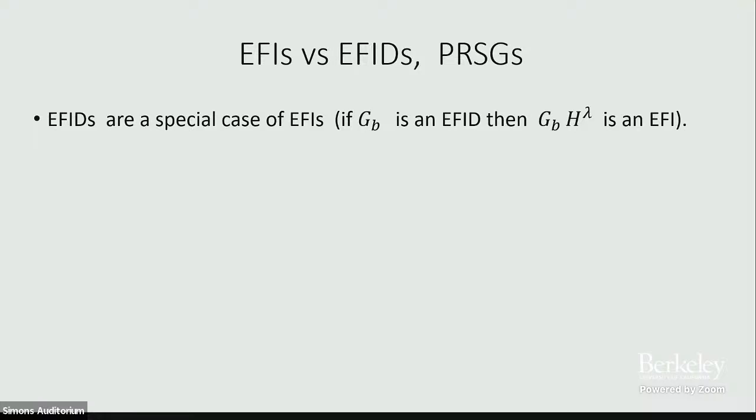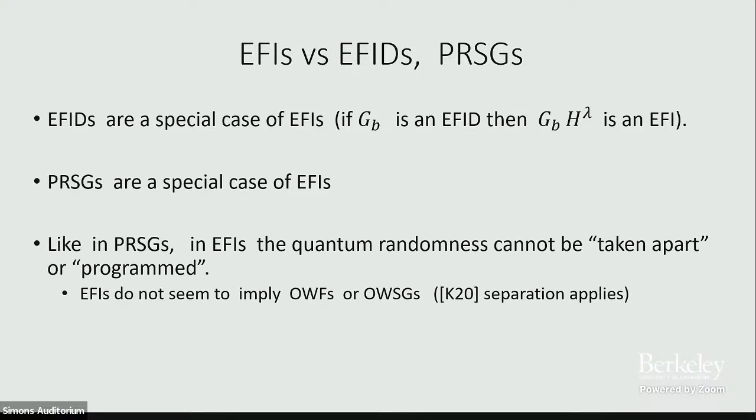Just to create randomness, just to be able to translate. So that's one thing. And also PRSGs are a special case of EFIs because they're more structured and actually give you pseudo-randomness.